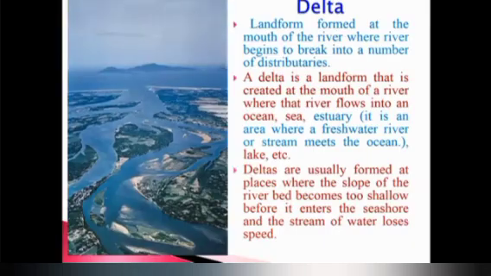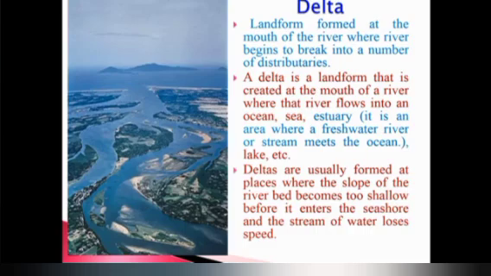Next, we are going to learn about delta. Delta means a landform formed at the mouth of the river where the river begins to break into a number of distributaries.